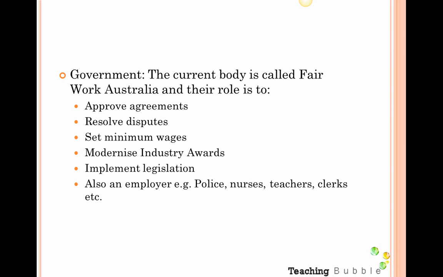Fair Work Australia look over it and approve it. They are involved in dispute resolution. They set the minimum wages. They modernise industrial awards, which we'll get into in a later video. They implement any legislation, and also the government, not necessarily Fair Work Australia, but the government is an employer in terms of police, nurses, teachers, clerks, etc.